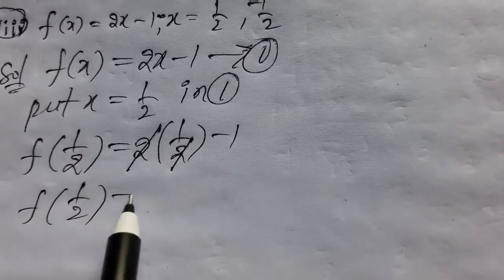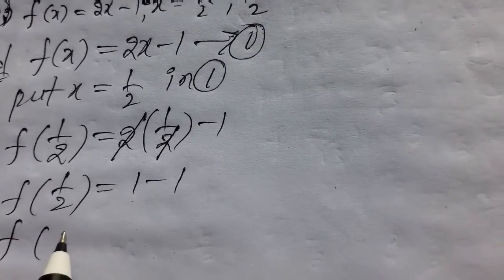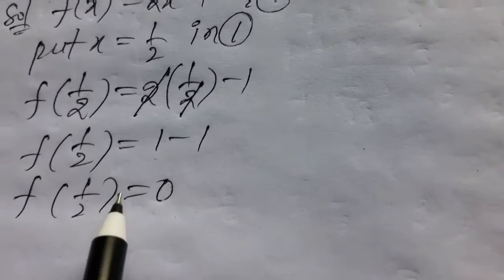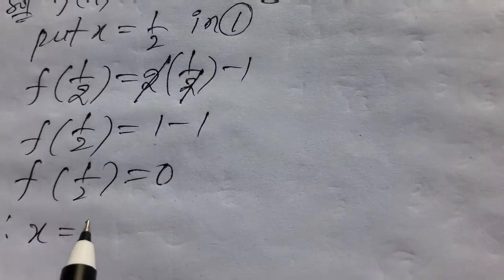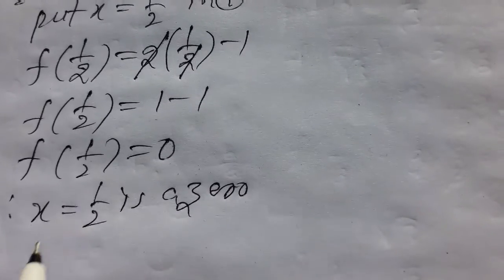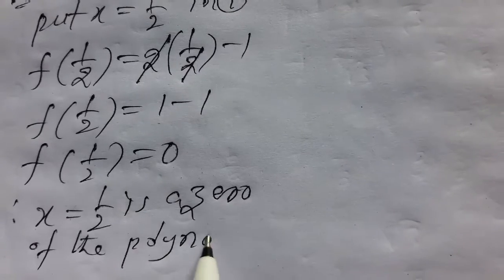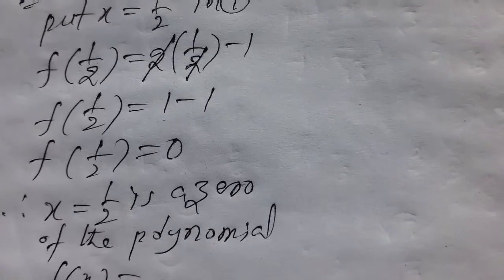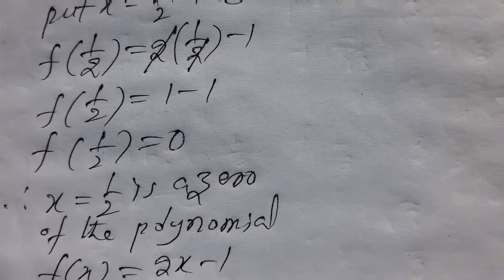Therefore f of 1 by 2 equals 1 minus 1, which becomes 0, isn't it? Therefore x equals 1 by 2 is a zero of the polynomial. What is the polynomial? F of x equals 2x minus 1, isn't it?